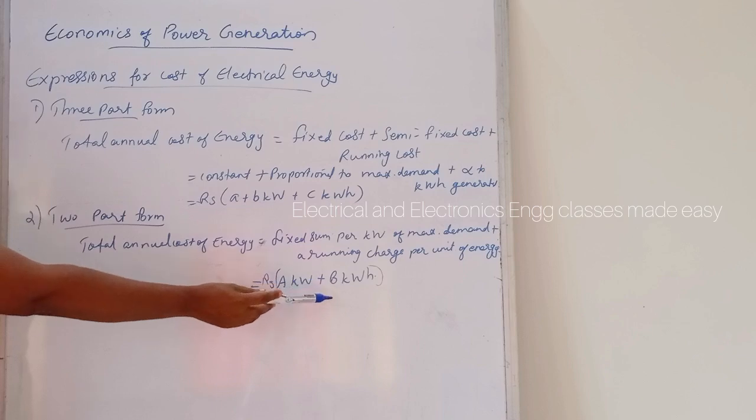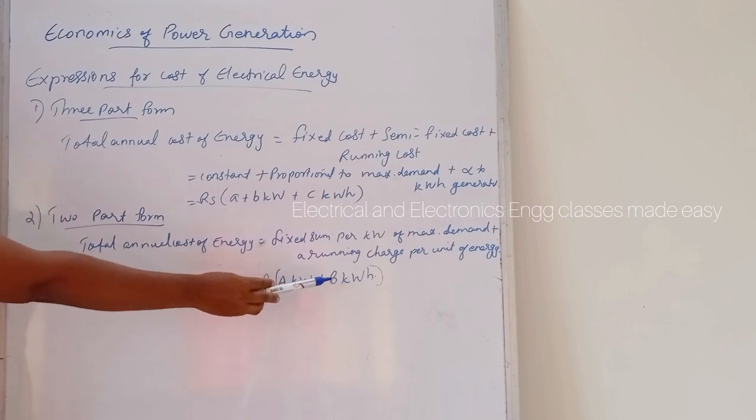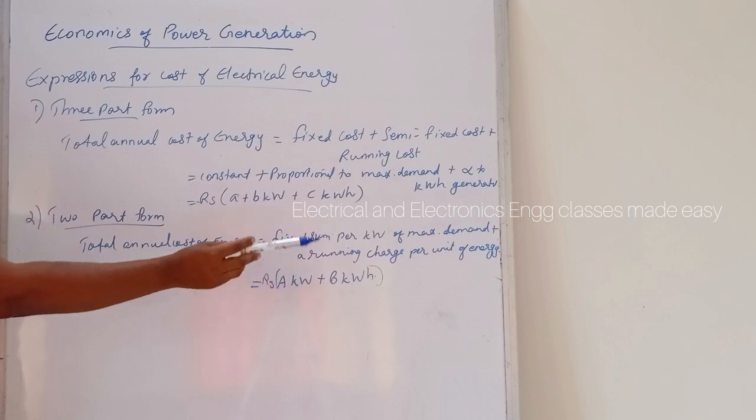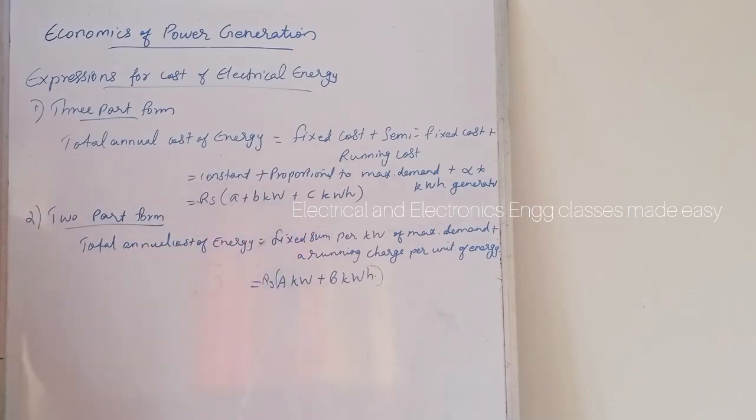Then B is a constant which when multiplied by the annual kilowatt hour generated gives the annual running cost. And here the two-part form is the simplification of the three-part form.